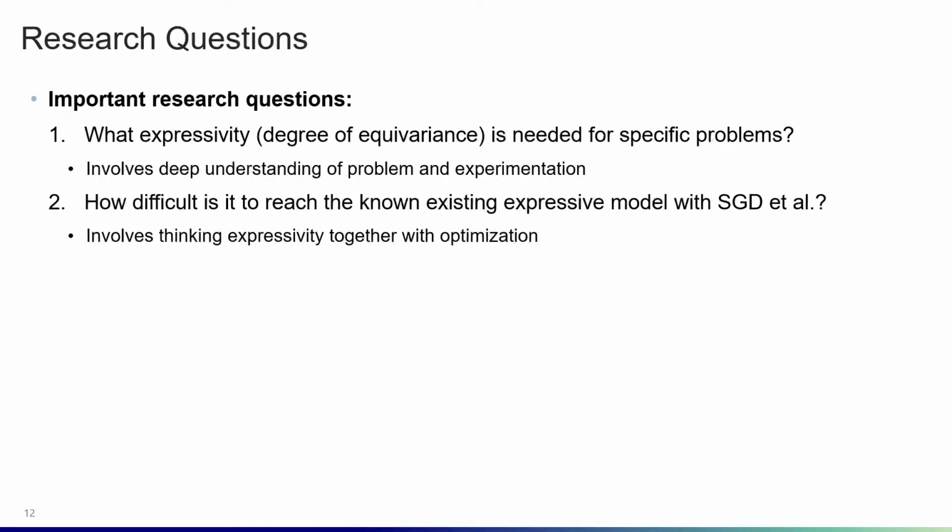And this is a general theme. This even applies, in my opinion, to expressivity results when it comes to permutation equivariance. So the classic Weisfeiler-Lehman stuff. How difficult is it actually to reach the known existing expressive model with SGD, or with any other type of optimization? Many of the proofs that we have seen throughout this workshop are existence proofs.